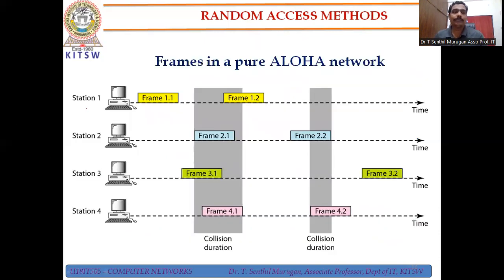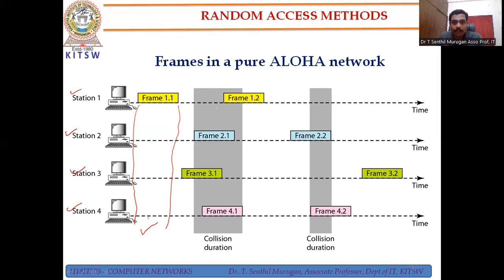See this diagram. Here sessions 1, 2, 3, 4 are there. All the sessions transmit frames. There is no time limit. It is a common medium. You see here, at this particular time, when the first frame is transmitted, there is no collision.